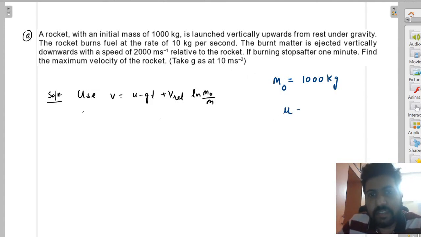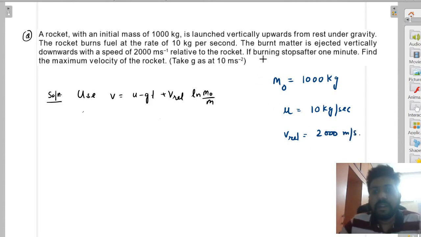That means mu is given as 10 kg per second. The burnt matter is ejected vertically downwards with a speed of 2000 meter per second relative to the rocket. So the relative velocity is given as 2000 meter per second. If the burning stops after 1 minute, then find the maximum velocity of the rocket.